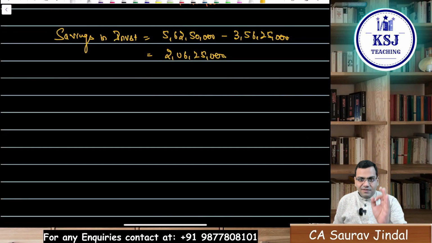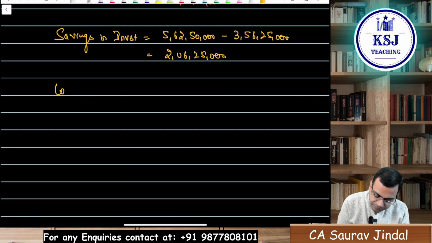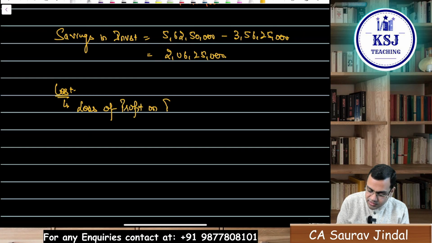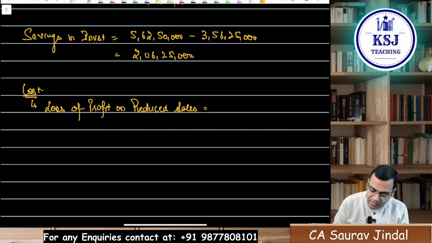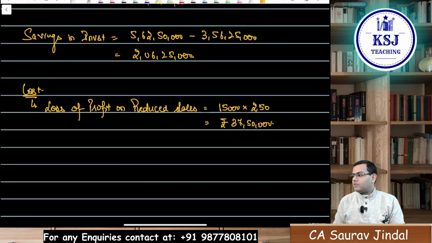The cost here is loss of profit on reduced sales, which on 15,000 units at 250 per unit comes to rupees 37 lakh 50,000.